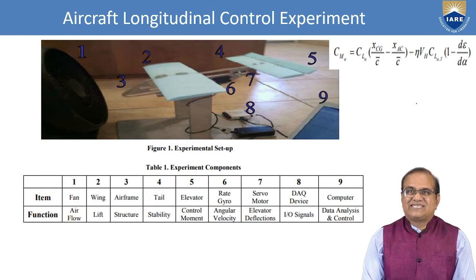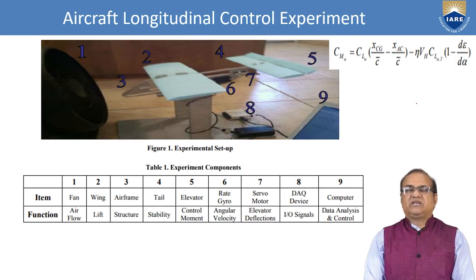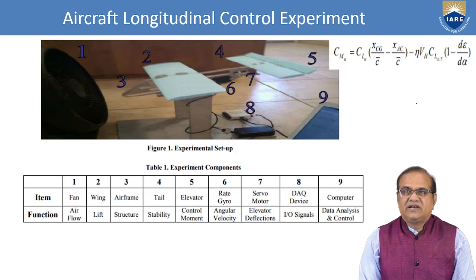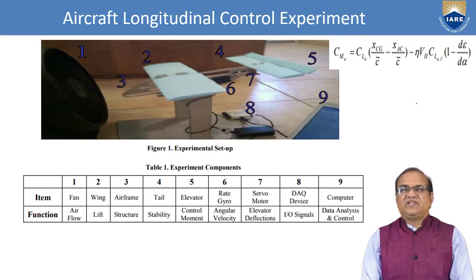We have a 6 component balance, 32 manometer, boundary layer measurement, vortex measurement, and static pressure and differential pressure measurement techniques. These systems are all available with our wind tunnel.